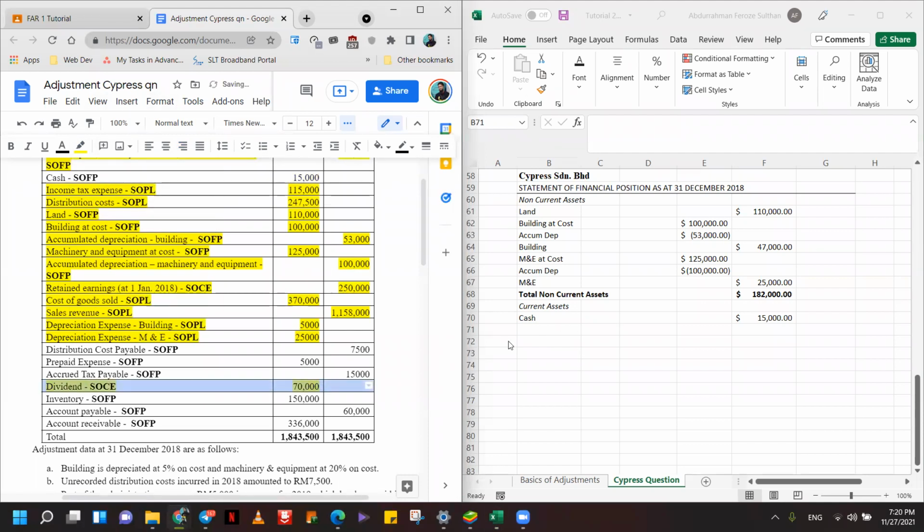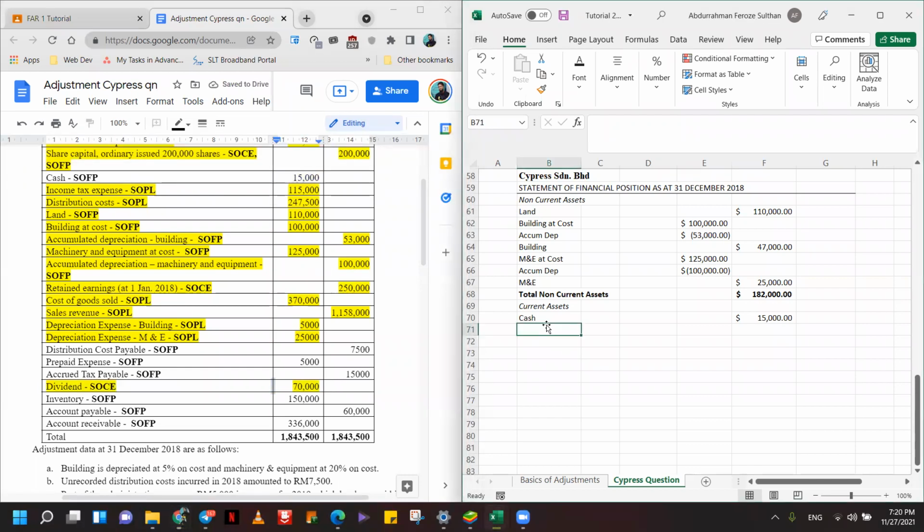What is 336? No, let's go in order. So we have prepaid expense, right? Prepaid expense is a current asset, like I explained before. So that would be 5,000. And then what do we have? We have inventory. Inventory would be 150,000. And then we would have accounts receivable. This is 336,000. Okay, that's it, correct?